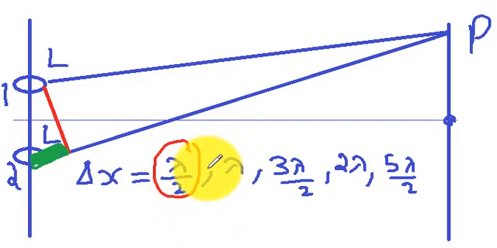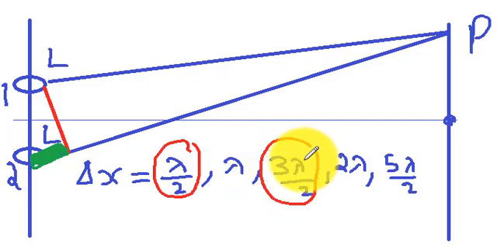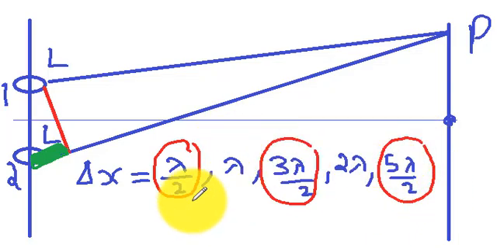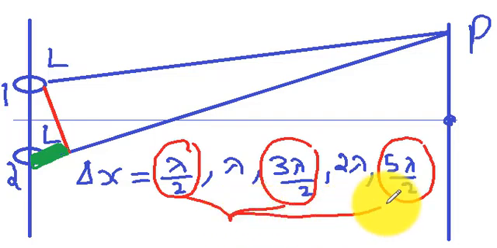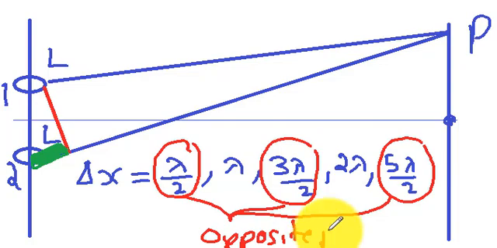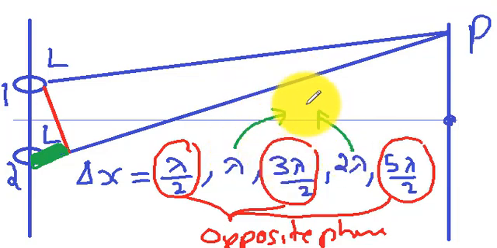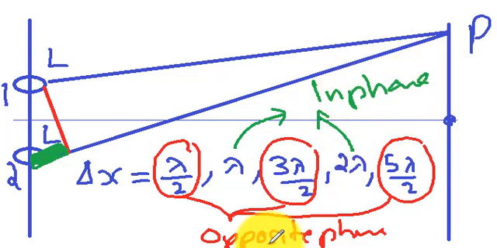They will meet in opposite phase. Third case, 3 steps difference, they will meet in opposite phase. 5 steps difference, they will meet in opposite phase. So all these 3 are telling opposite phase. If the difference is lambda, that means 2 step or 4 step, they will meet in phase.